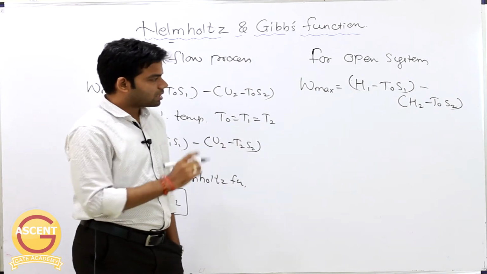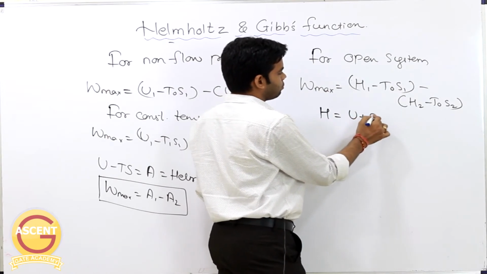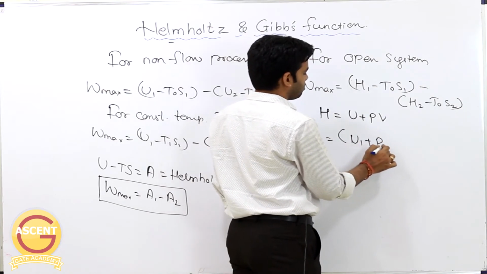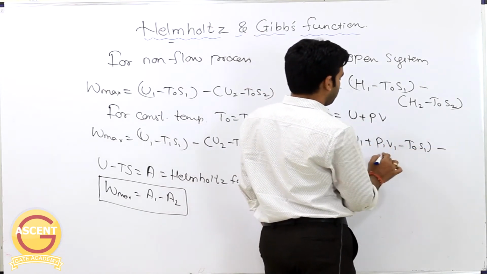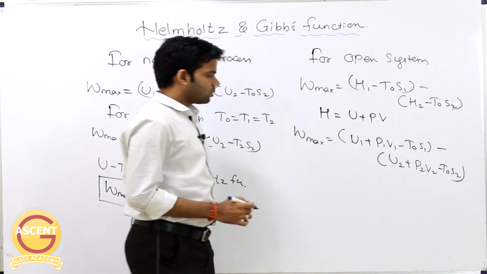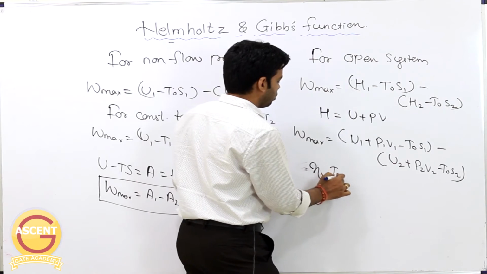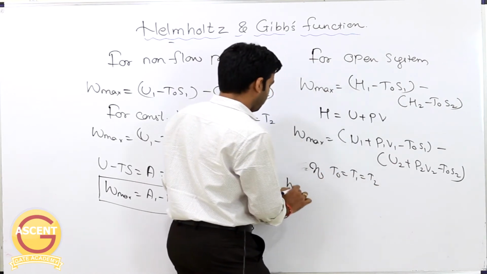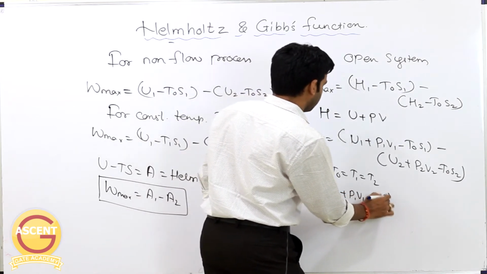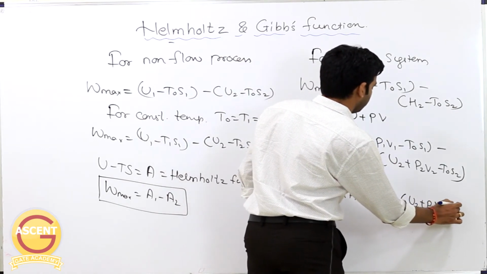Now this H can be written, as we know enthalpy is equal to U plus P into V. So this W max here can be written as U1 plus P1 V1 minus T0 S1 minus U2 plus P2 V2 minus T0 S2. Okay. Now, for a constant temperature process, if temperature is constant, that means T naught is equal to T1 is equal to T2. So this W max can be written as U1 plus P1 V1 minus T1 S1 minus U2 plus P2 V2 minus T2 S2.